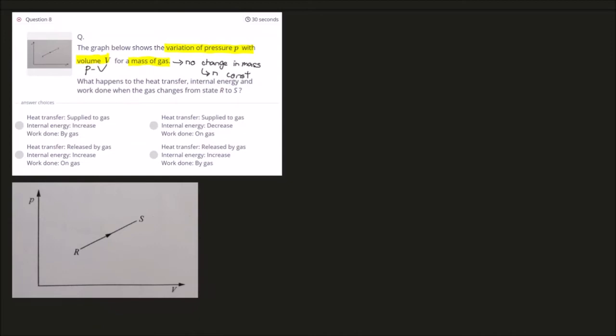So let's determine what has happened to the pressure, volume, and temperature when this gas undergoes a process going from state R to state S. We see that the pressure increases. We also see that the volume increases.